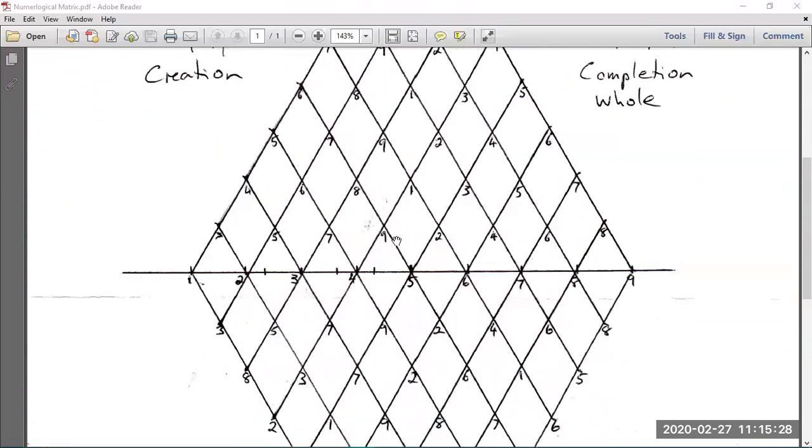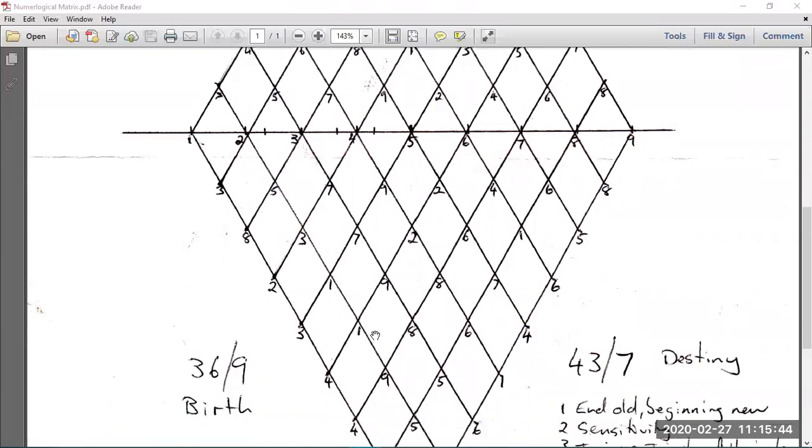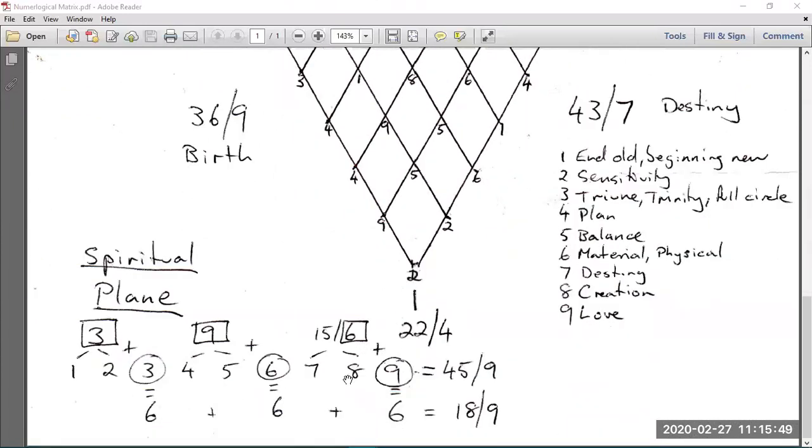We've got 2 triangles here, and this bottom one is inverted. And then if you merge both these triangles, crisscross them over each other, then we get a hexagon shape. And if you think of those 2 tetrahedrons spinning in opposite directions, you've got the Merkabah. Here, 369, 396. This is another expression in my mind of the Merkabah.